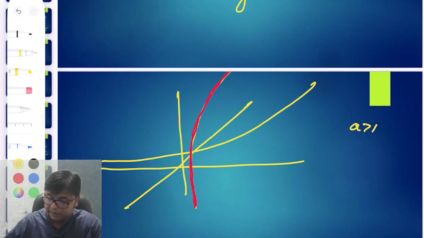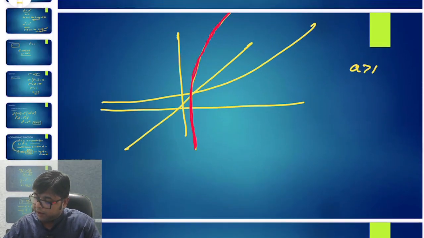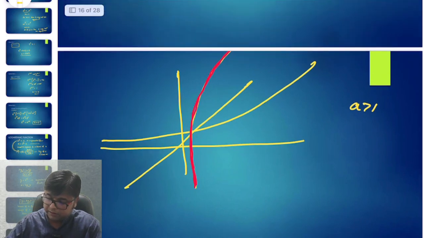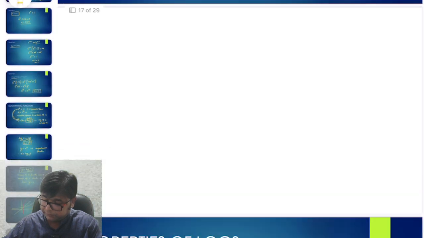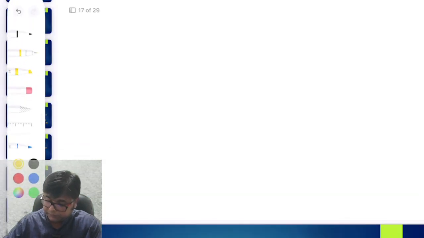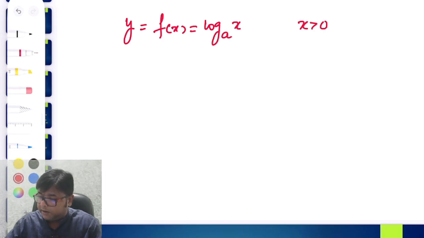Now let's move on to the graph itself. So if I say y is equal to f(x) equal to log of x in base a, here also there are certain constraints. x should be greater than 0.